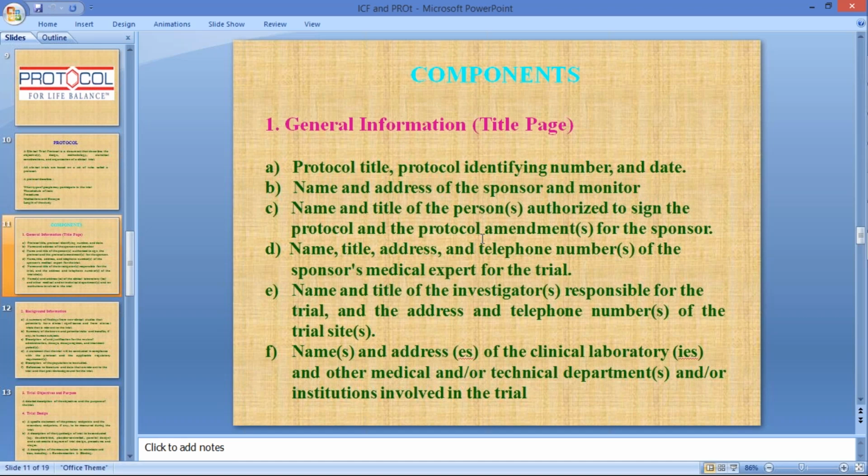Every sponsor will have a medical expert to look at the activities. So name and title of the person authorized to sign the protocol and amendments, and name, title, address, telephone number of the sponsor's medical expert.